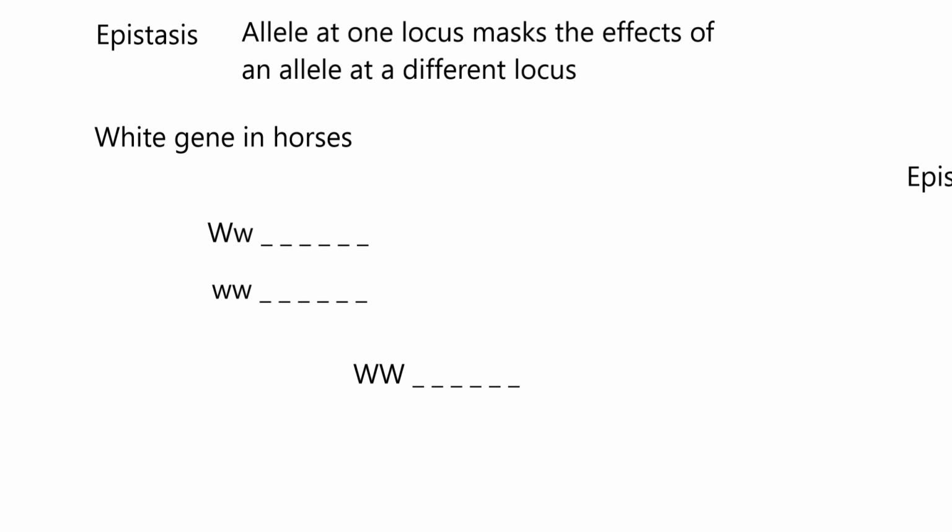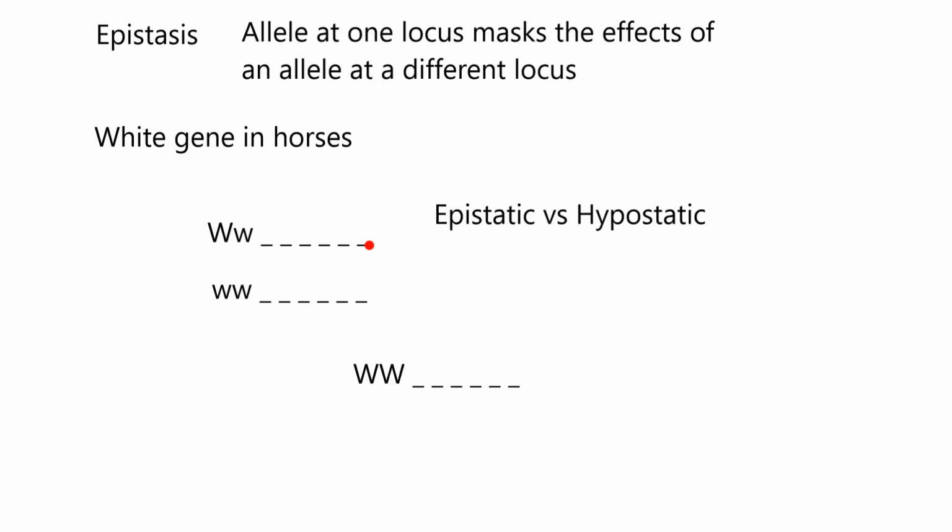So let me get back here. I want to talk about how if a gene like this large W overrides all the other genes, it's called epistatic. This large W is epistatic. And then the ones that are overridden, perhaps a better way of saying that, are called hypostatic.